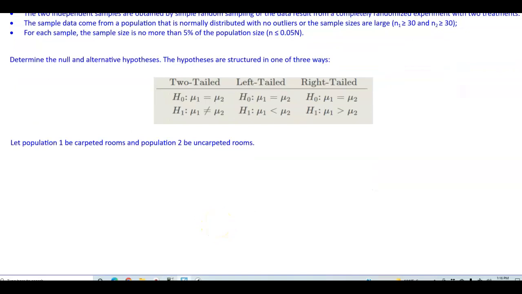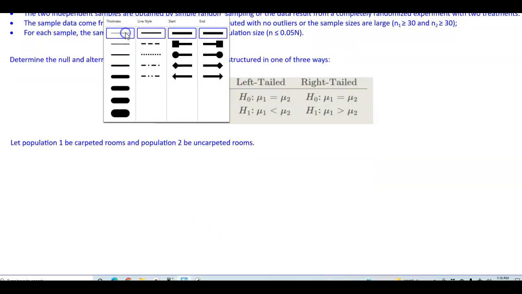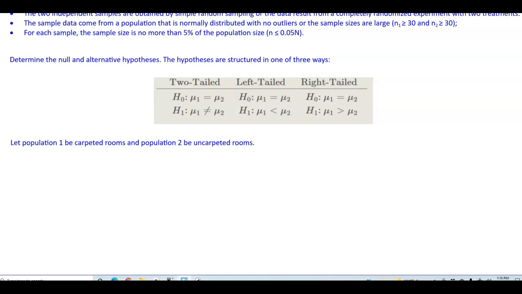So the first thing we want to do is determine what the null and the alternative hypothesis are. Well, we know that population 1 is going to have population mean 1, and we know it's going to equal population mean 2.